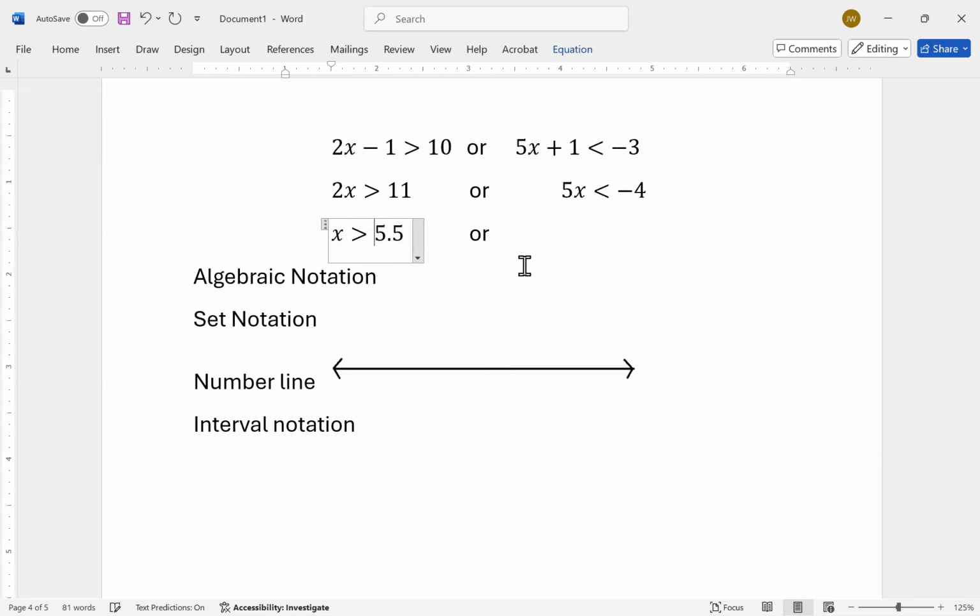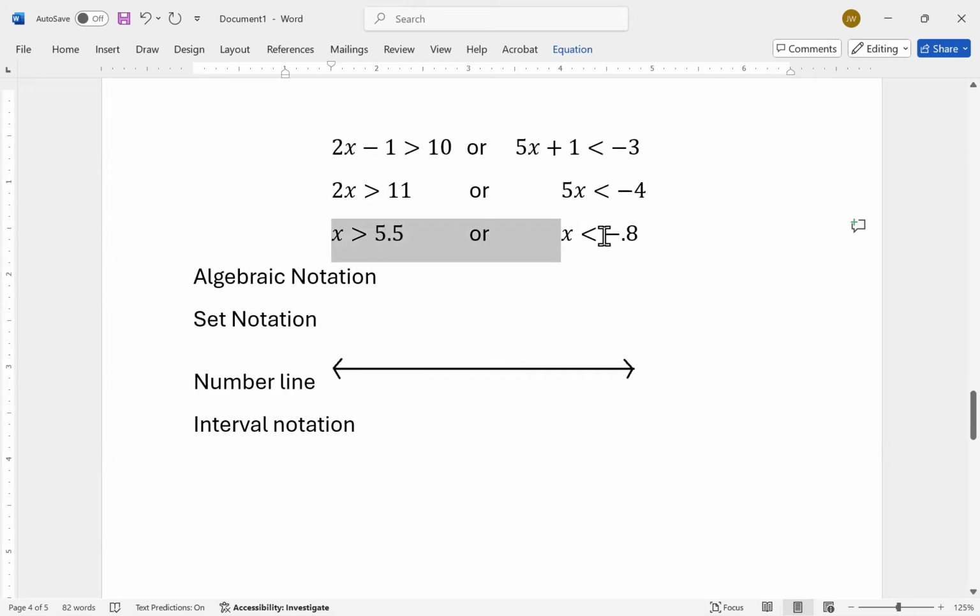I wrote the wrong symbol, excuse me. X is greater than 5.5. When I divide both sides by 2, I'm dividing by a positive, so I do not have to flip the sign. On the other one, when we take -4 and divide it by 5, we get x is less than -0.8.